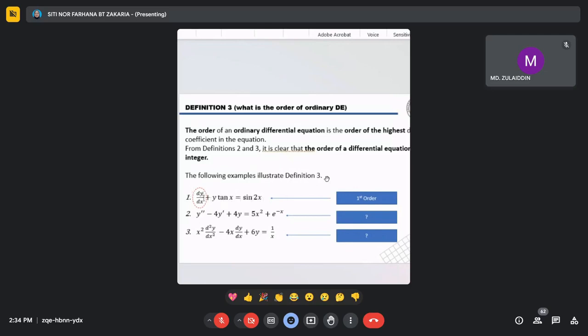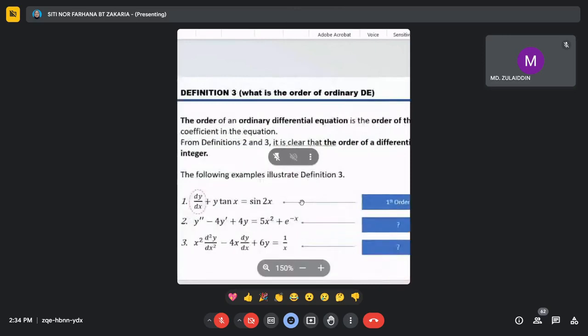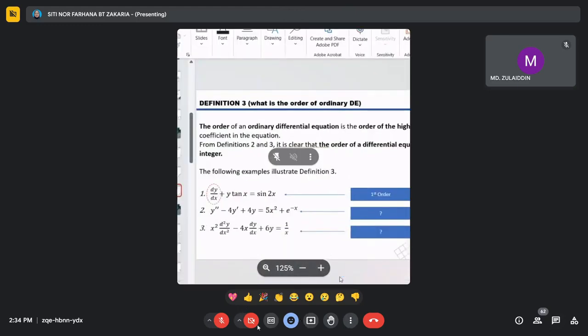Because dy/dx is power of 1. How about number 2? Is it first order, second order, or third order? Anyone? Okay, good. This is second order.